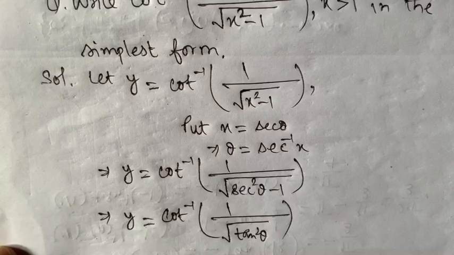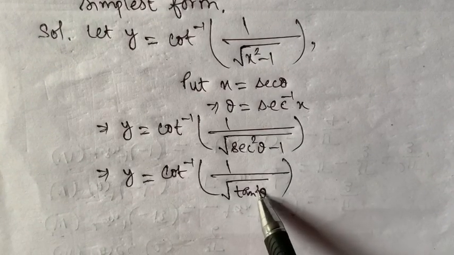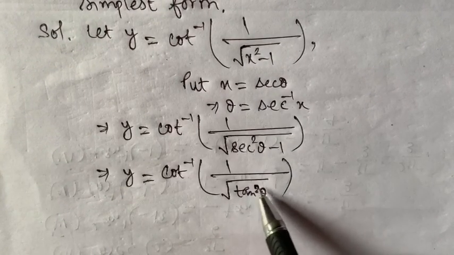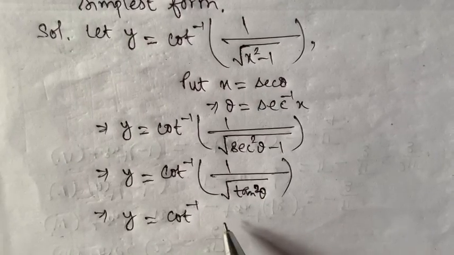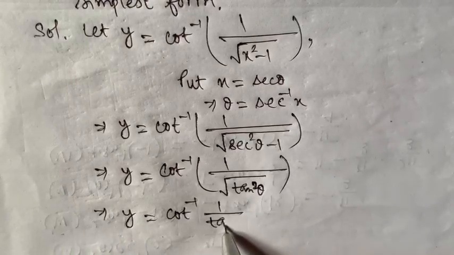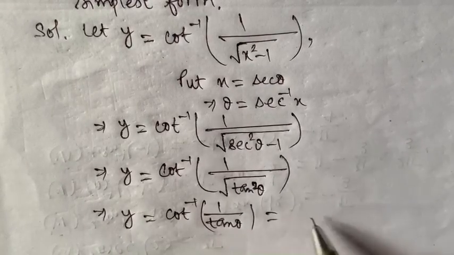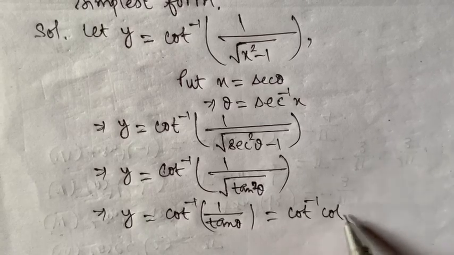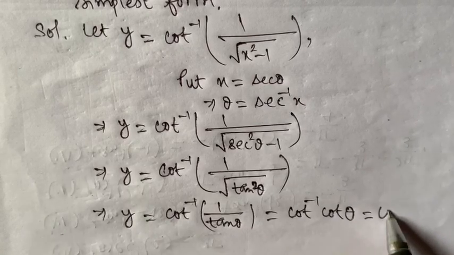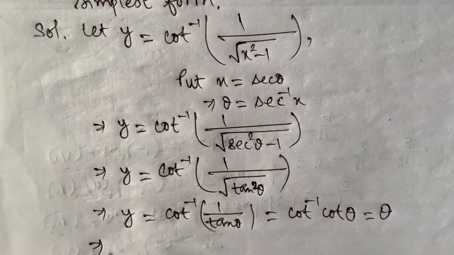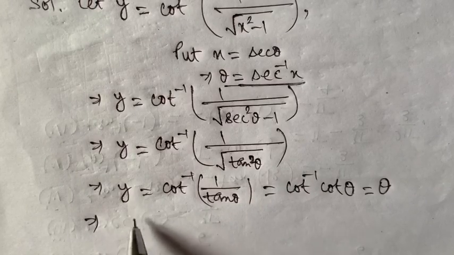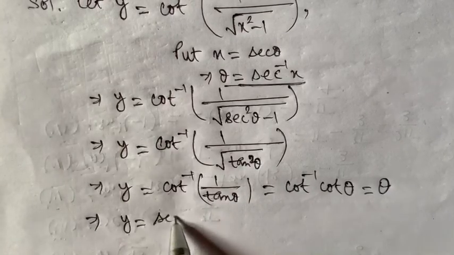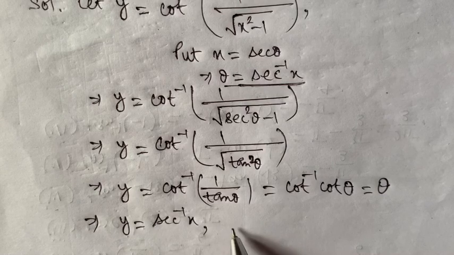Now root under and square will cancel to give us y is equal to cot inverse of 1 by tan theta, and 1 by tan theta is cot theta. So we have cot inverse of cot theta, so we have theta there, and for theta we have got the value sec inverse of x. So y is equal to sec inverse of x, and it is the simplest form. No further simplification is possible.